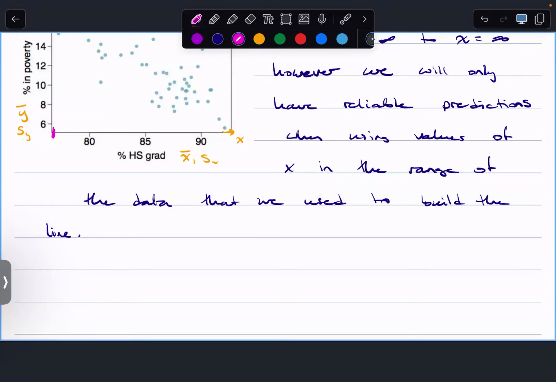So here, let's say roughly 75 to roughly 95, there's a little bit of wiggle room, right? But for us, we only have reliable estimates within this range, okay? We can use the line outside there, but we would have to add a little note saying, hey, I'm extrapolating, and so my estimate isn't very reliable.